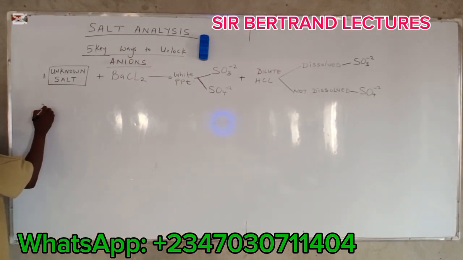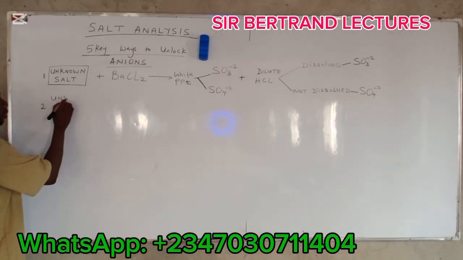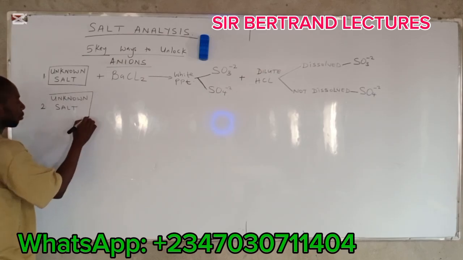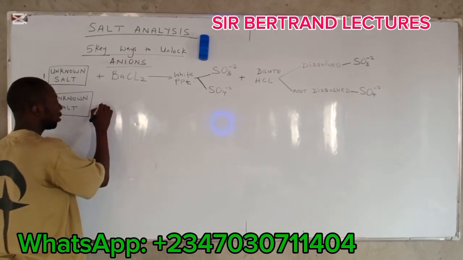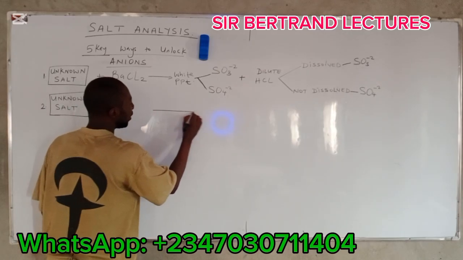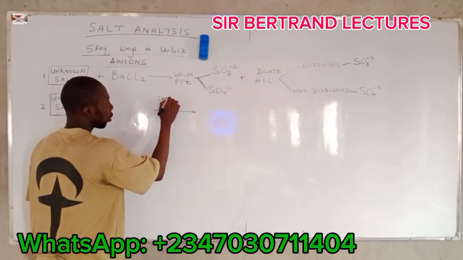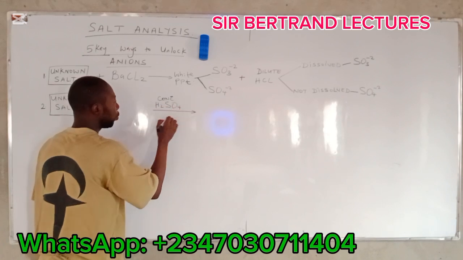Now, the second way to unlock the unknown source sample. Here is the unknown source. Here it occurs in the presence of concentrated H2SO4.